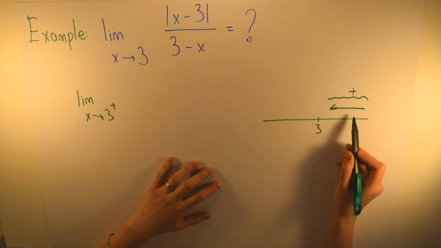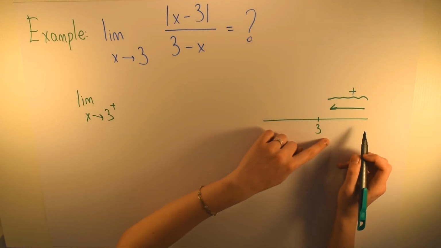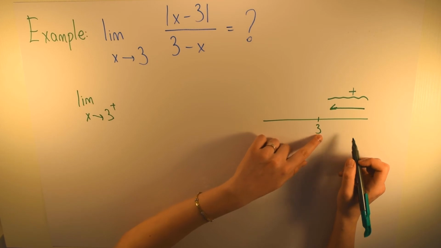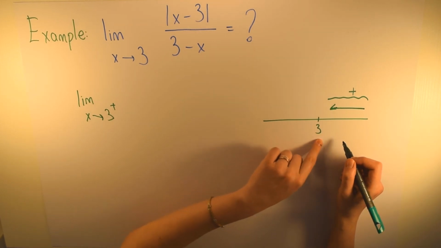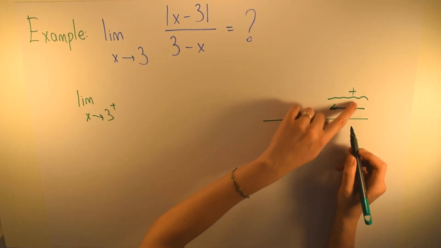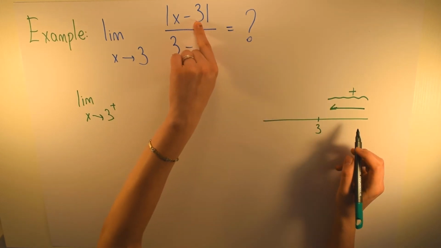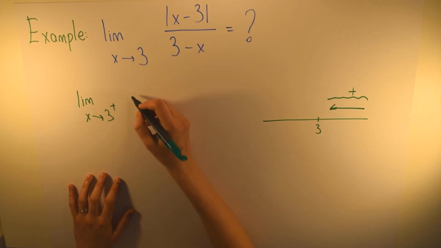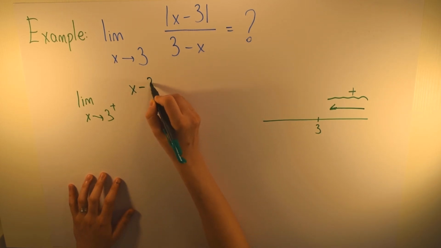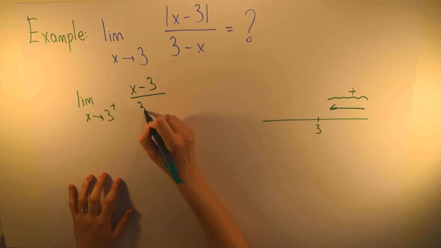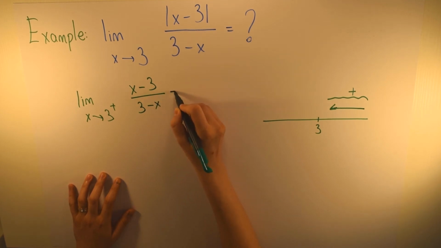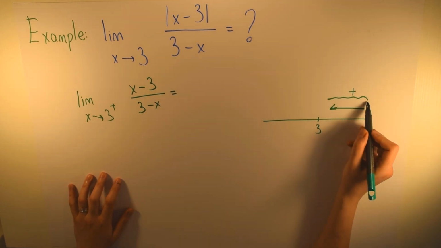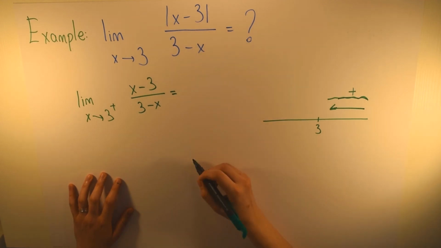Also it means that we approach 3 from the right side. So since these values make this absolute value positive, this absolute value goes out as x minus 3 over 3 minus x.